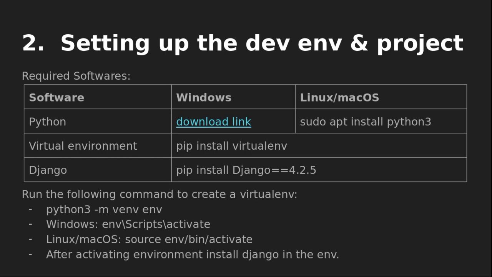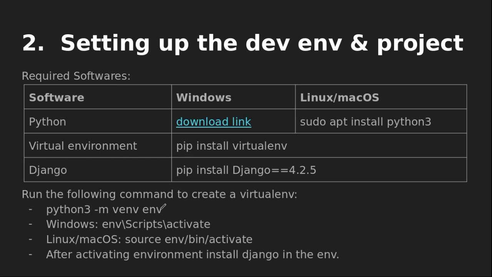So first of all you have to install some required software or dependencies. You can see here a table of it. First you need to install Python, then the virtual environment, then Django. After installing all these things you have to run some commands to create your virtual environment.